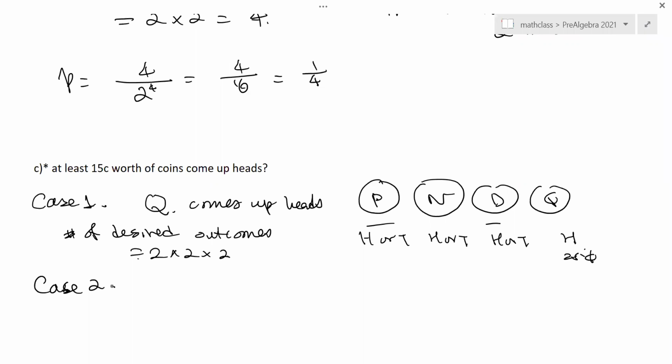Case number 2, the quarter comes up tails, right? So in that case, you never get 25 cents. So the question is, how do you get 15 cents? Then you divide them into 2 subcases, right? The dime is 10 cents. If the dime is tails, you cannot get it.